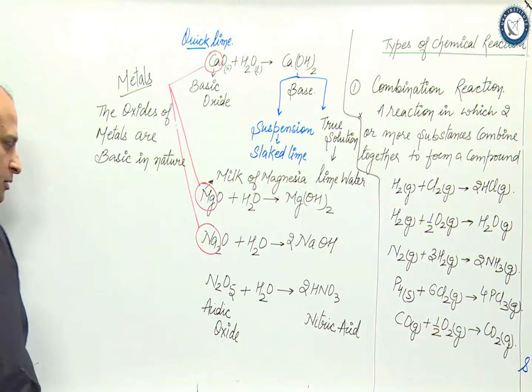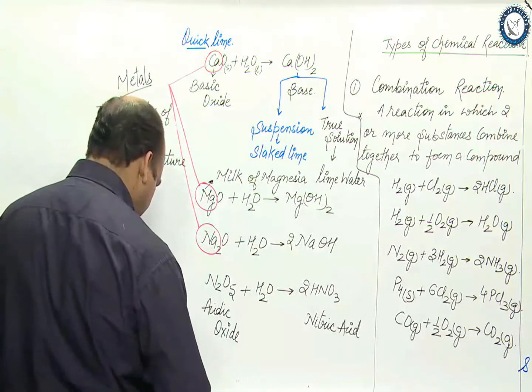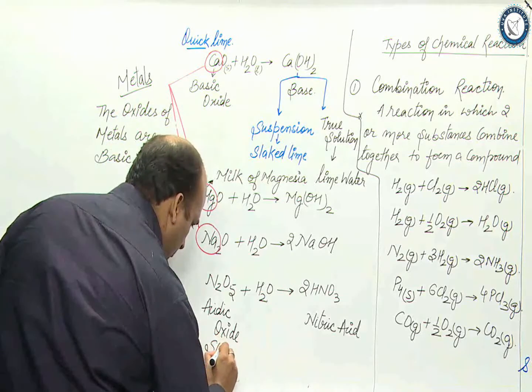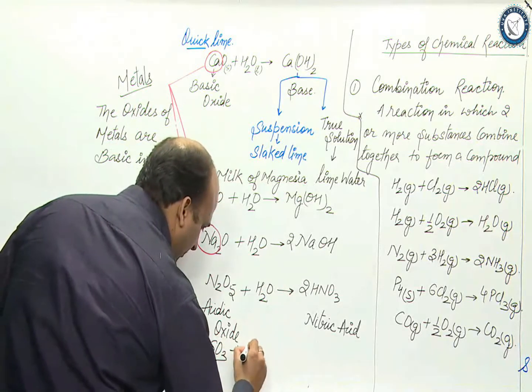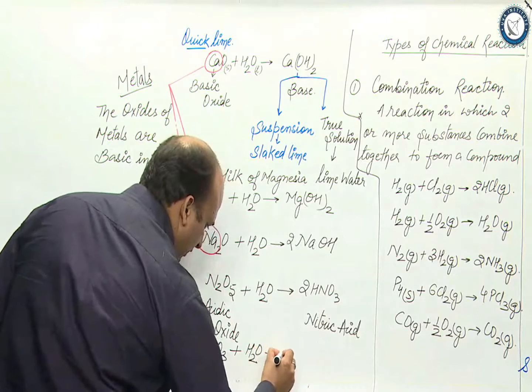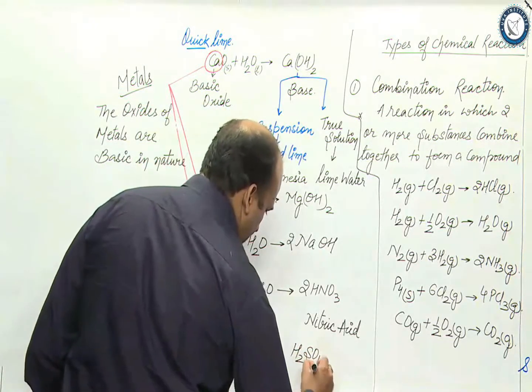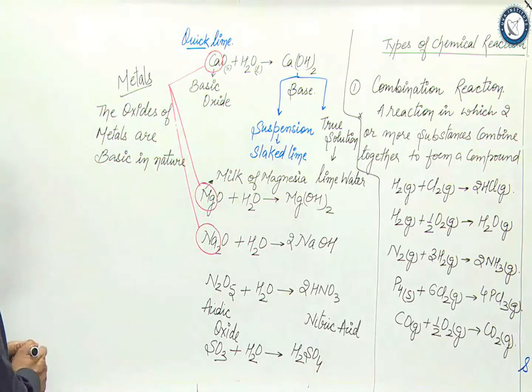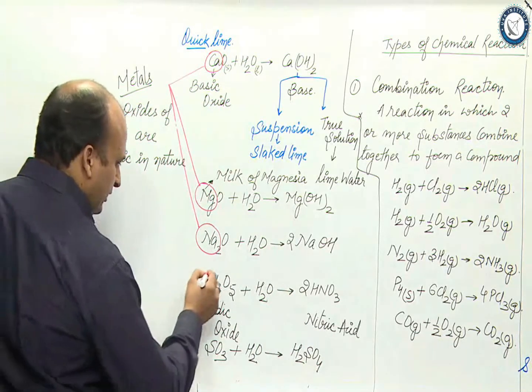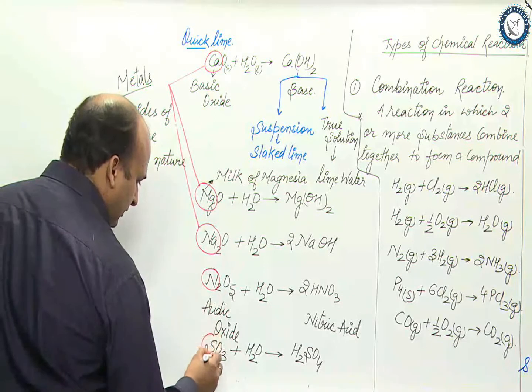Okay, N2O5, SO3 plus H2O gives H2SO4. What is nitrogen and sulfur?